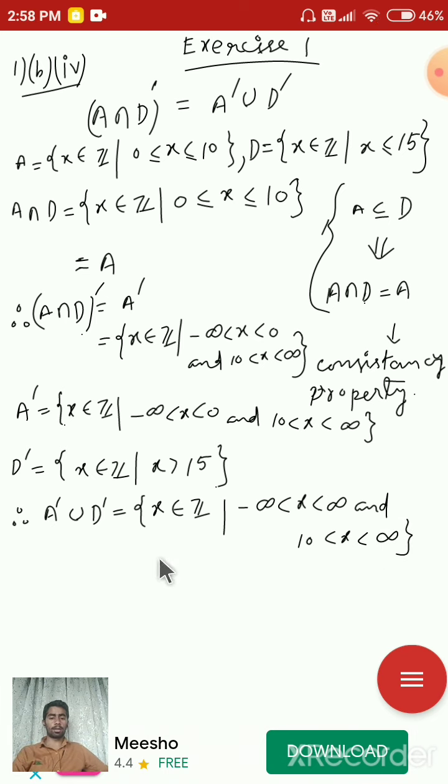Why? Because we have clearly seen that D complement is also a subset of A complement.